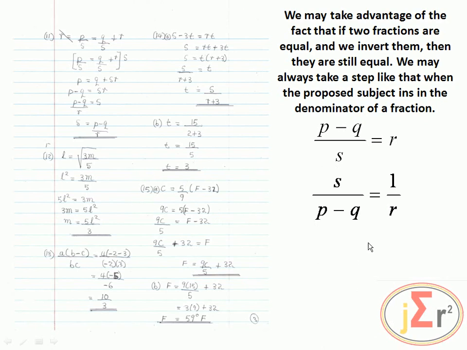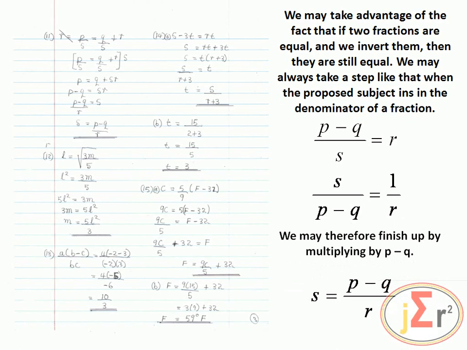What do we do next? We will multiply by this denominator, eliminating p minus q from this left hand side, and on the right hand side we will have that fraction multiplied by p minus q. We may therefore finish up by multiplying by p minus q. There we have it. S is equal to p minus q over r.